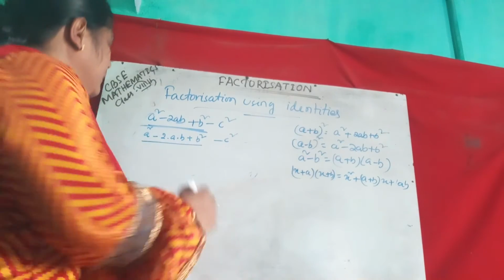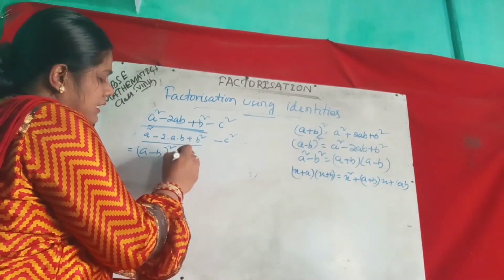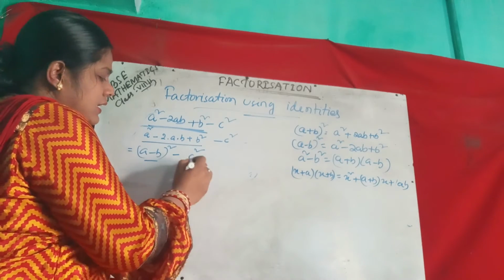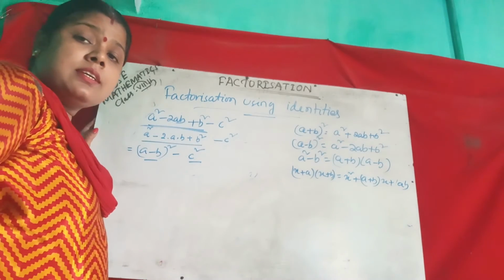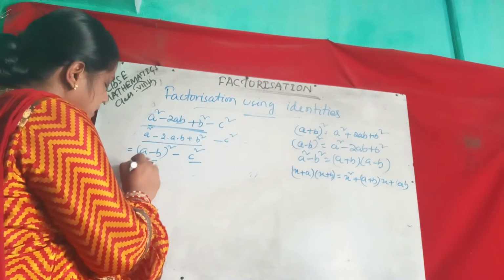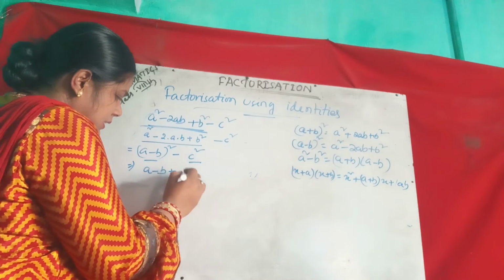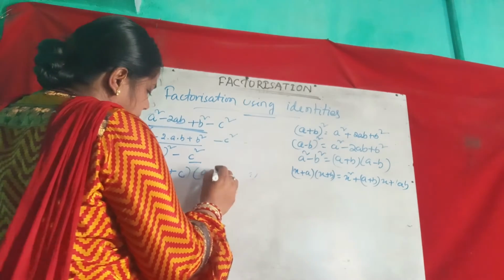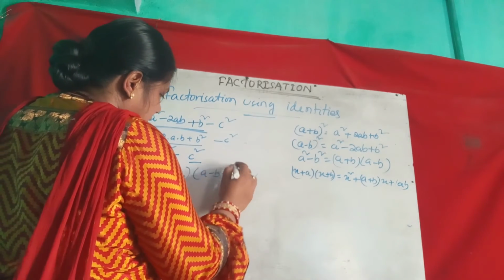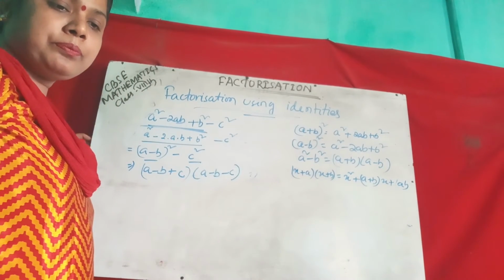Again it is a square minus b square form, so you write (a minus b plus c) into (a minus b minus c). This is the factorization.